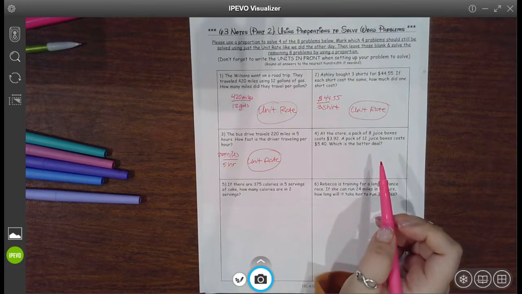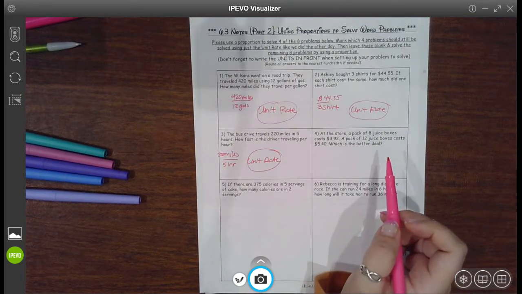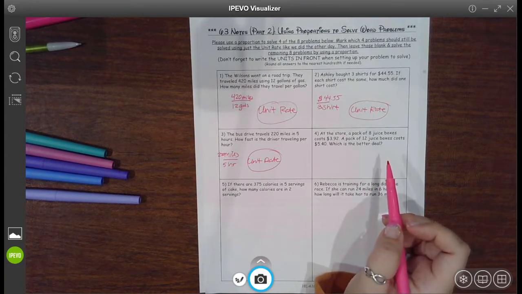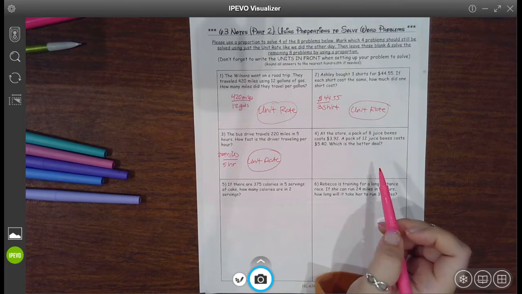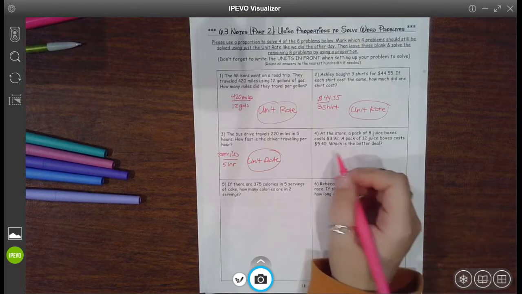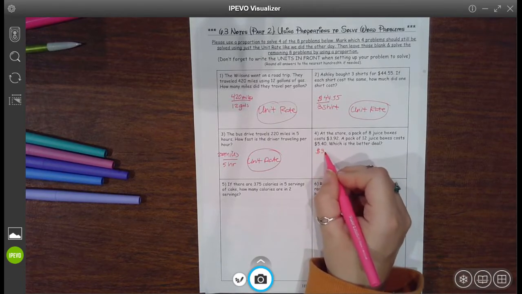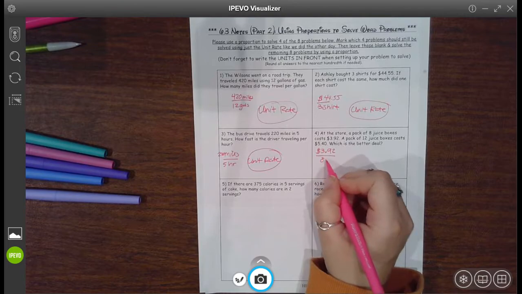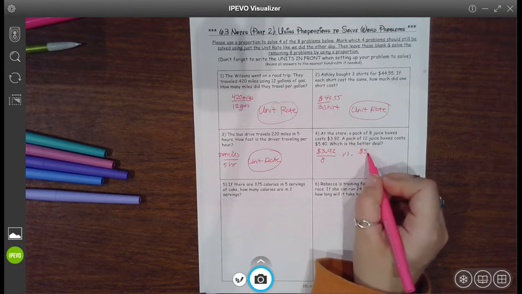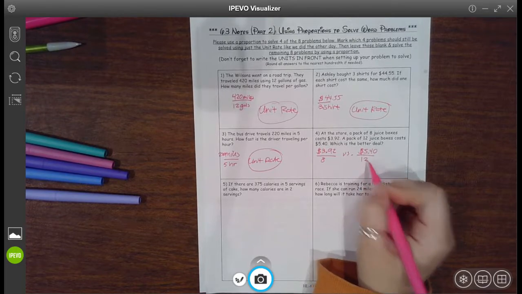Okay, for this one, it says at the store, a pack of 8 juice boxes costs $3.92 and a pack of 12 juice boxes costs $5.40. Which is the better deal? Whenever you have a problem like what's the better deal or the better buy, you want to find the unit rate of each. So this would be $3.92 for 8 juice boxes, and the other one is $5.40 for 12 juice boxes.